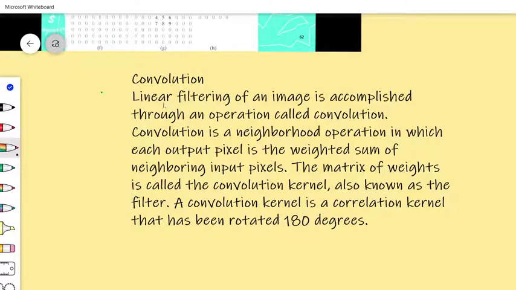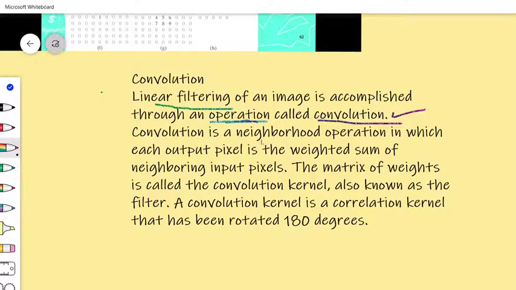Convolution is applied in the linear filtering of an image, and it is accomplished through an operation. That operation we call convolution. So the operation we apply upon linear filtering is called convolution.